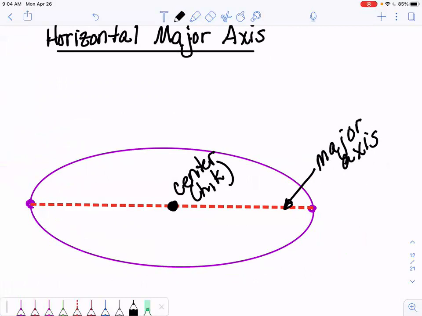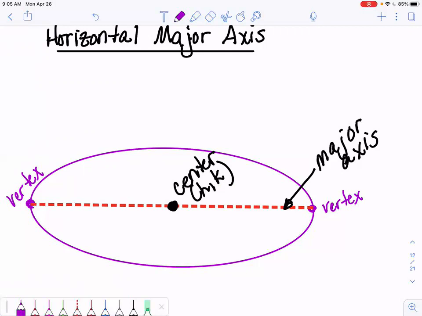I did say this is kind of like having two parabolas that connect together. So on the end of this ellipse, you will have two vertices. We will have one vertex on the right and one vertex on the left. Pluralized, they're called vertices.